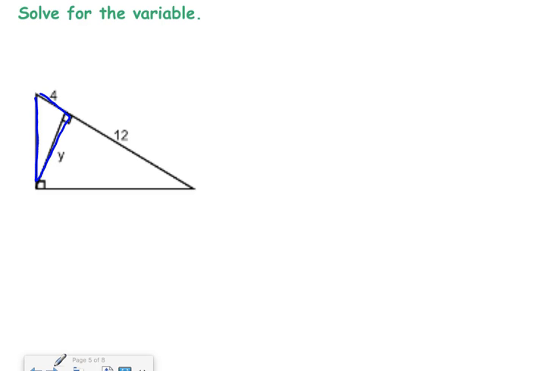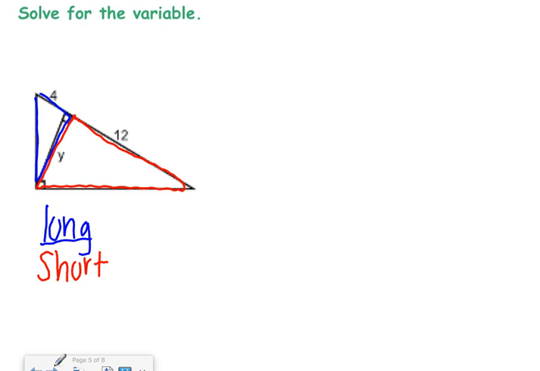So on this blue triangle, what is it? Short, long, or hypotenuse? Long. So will you guys write long right here? And then on this red triangle, is it my short or my long? Short. Okay, now that's your key, guys. That's going to help you write your proportion.